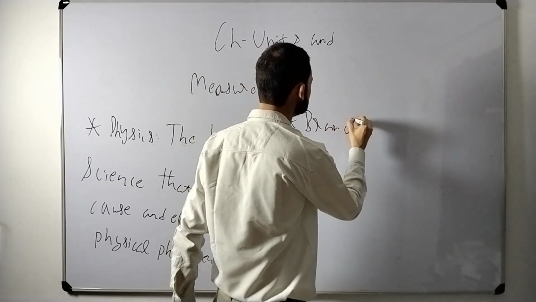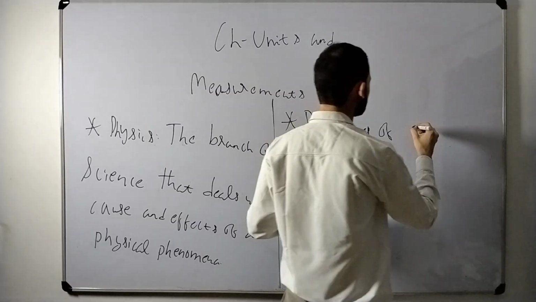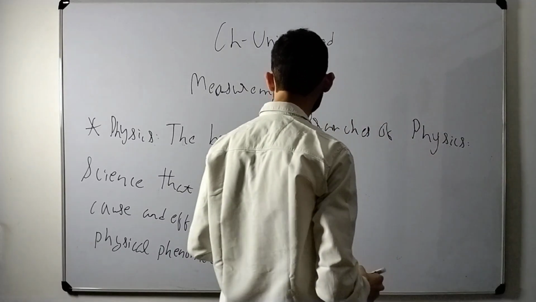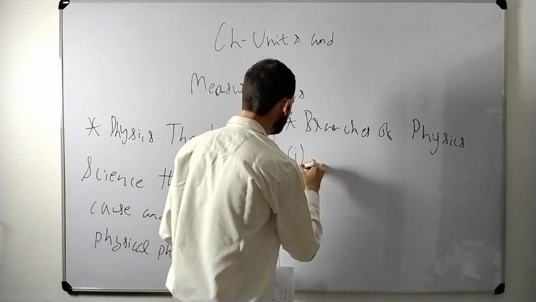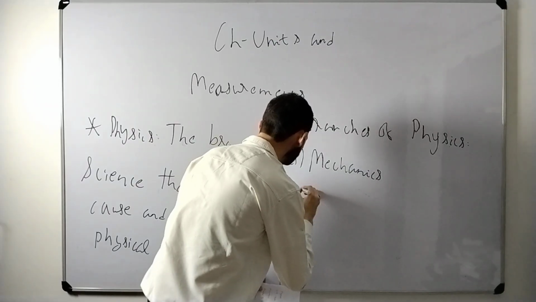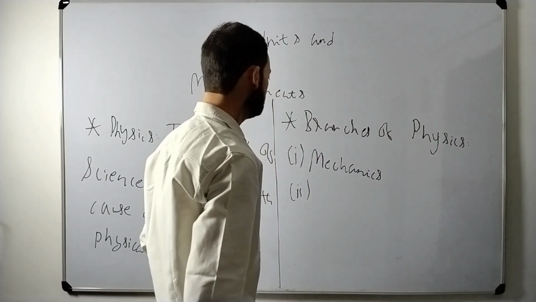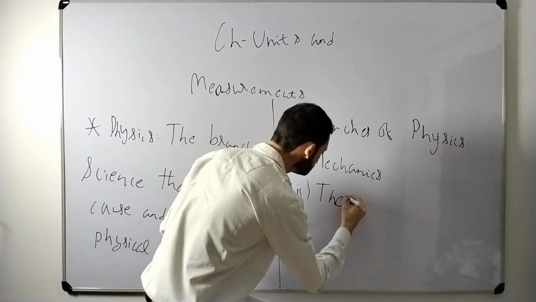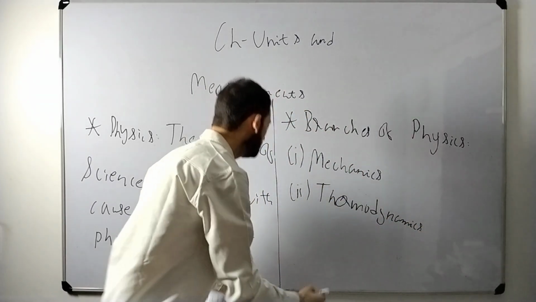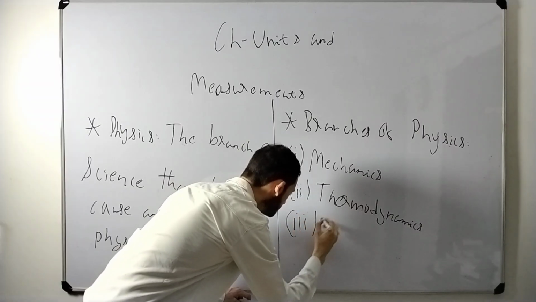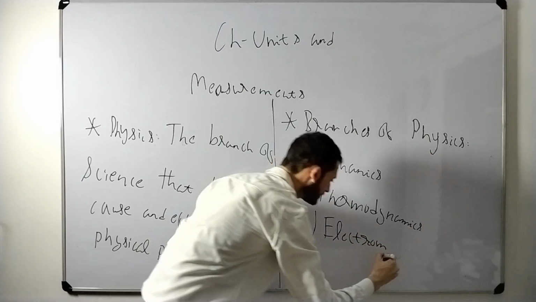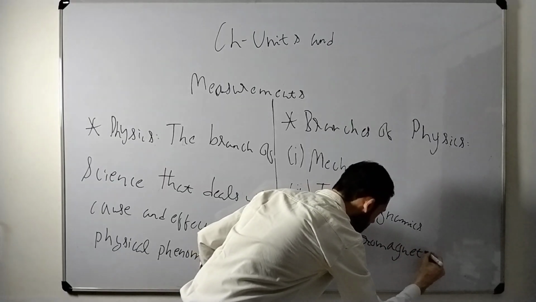Branches of physics. So first branch, mechanics, second being thermodynamics, third being electromagnetism, and what is the fourth branch, students?